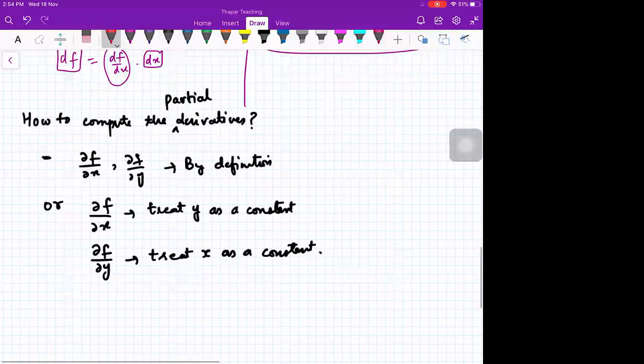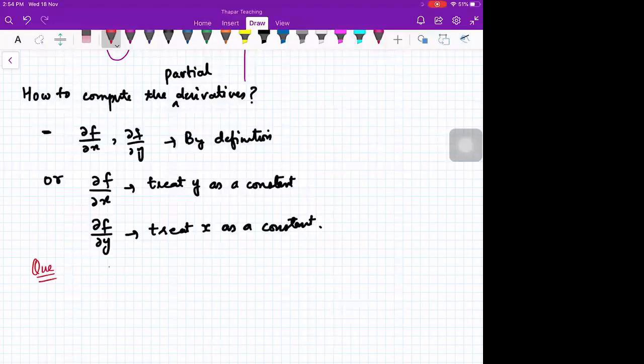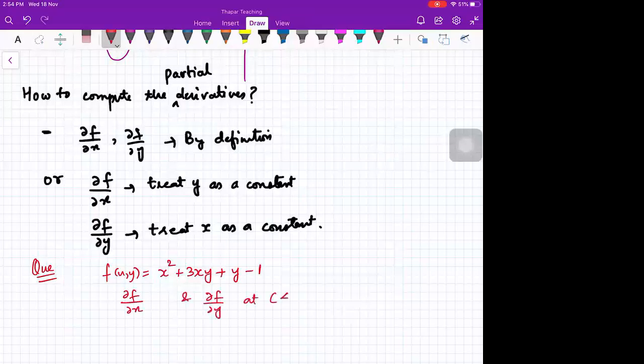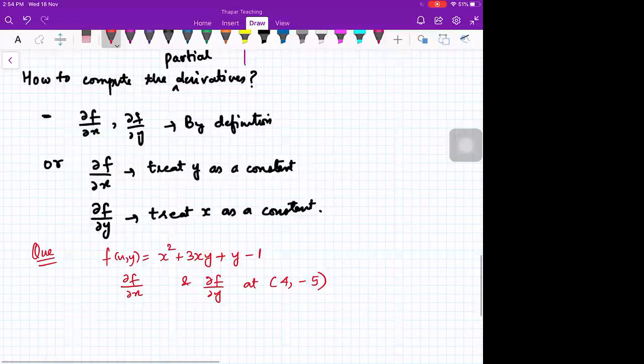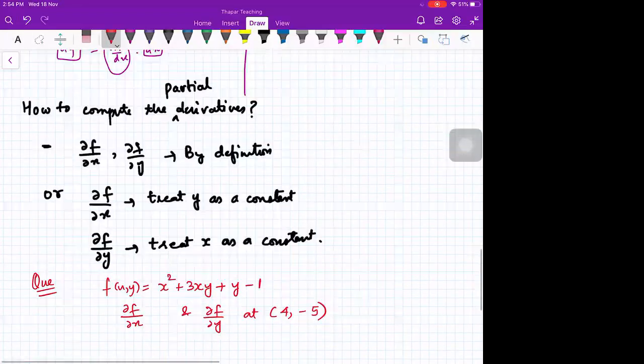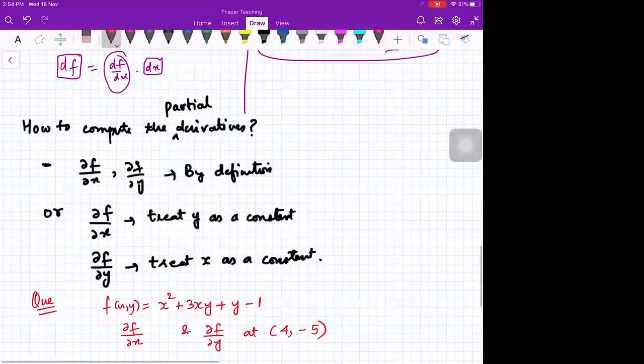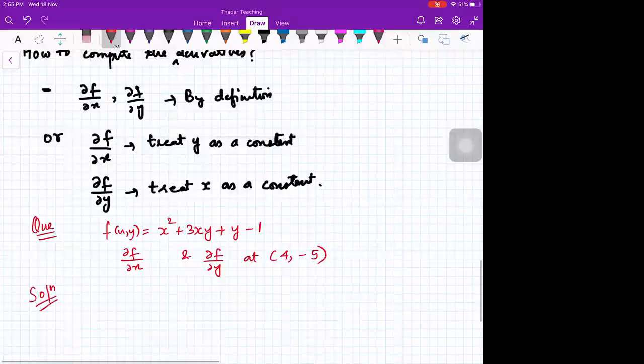Suppose I ask you f(x,y) = x² + 3xy + y − 1. What will be ∂f/∂x and ∂f/∂y at (4, −5)? So ∂f/∂x would be 2x plus 3y.